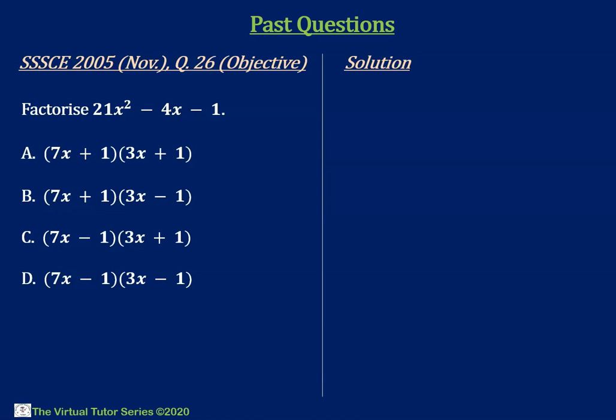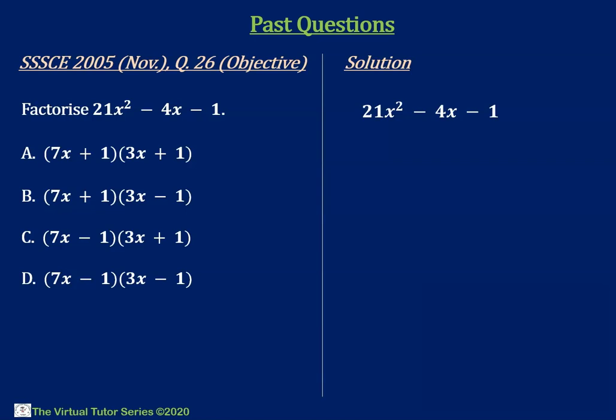We have the quadratic expression 21x squared minus 4x minus 1. The product of the coefficient of x squared and the constant term is 21 times negative 1, which is negative 21.